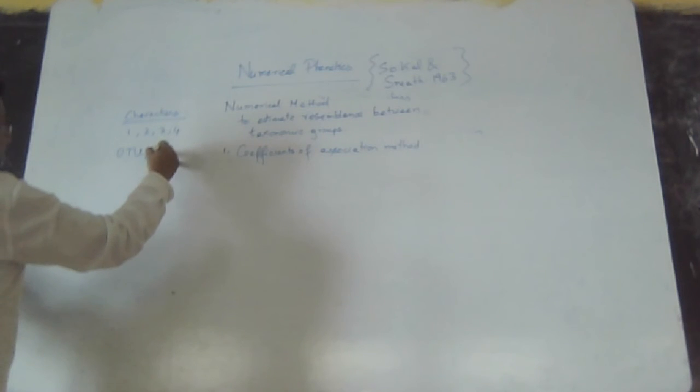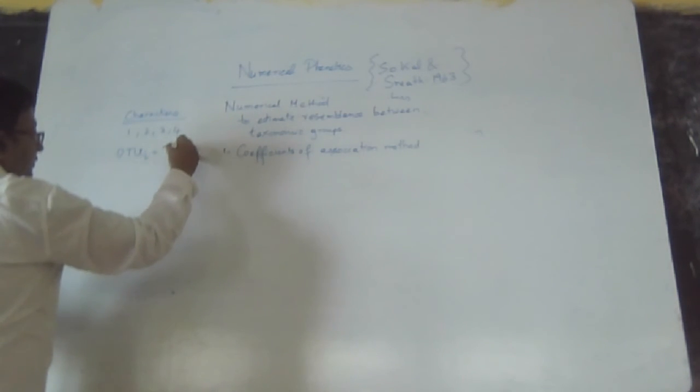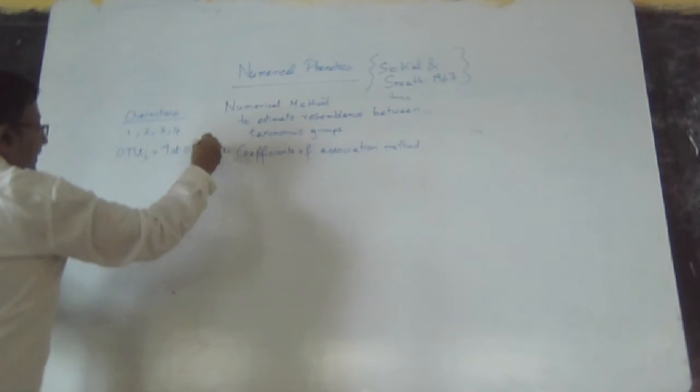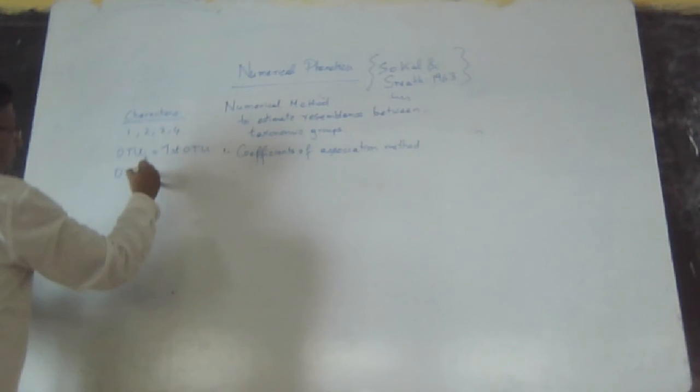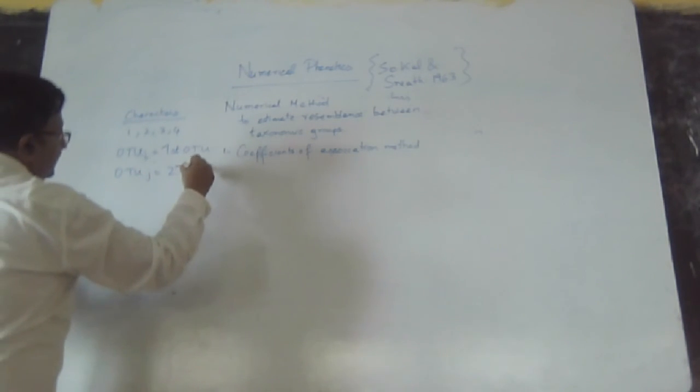Operational taxonomic unit I. This is the first OTU. These are the assumptions I am saying. OTU J, this is the second OTU we are talking about. If there is a match, for example character 1 is present in both, that is a match.